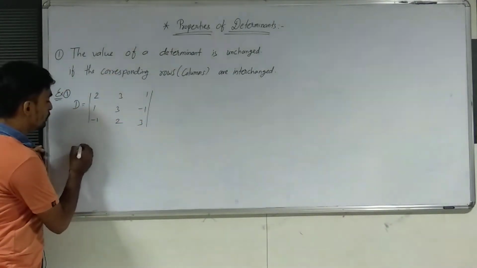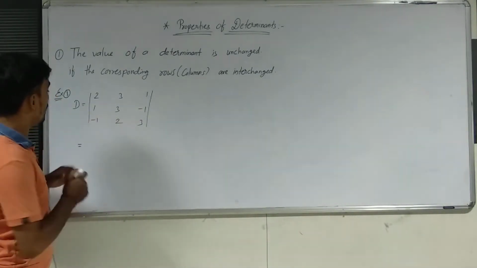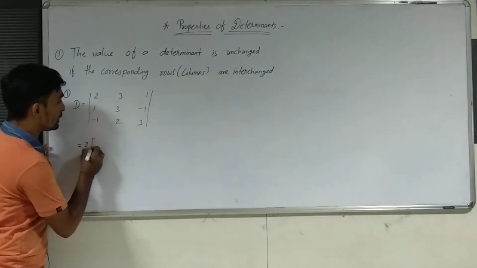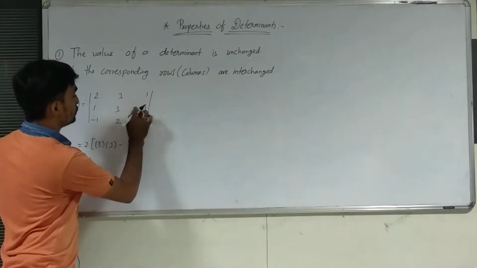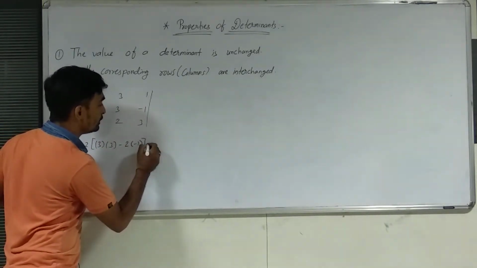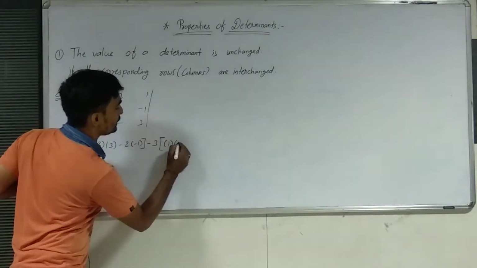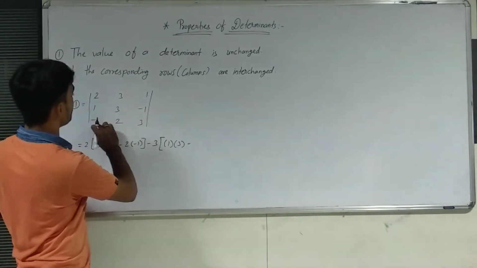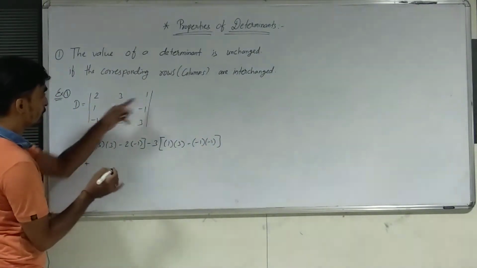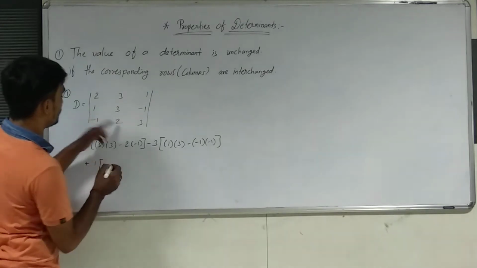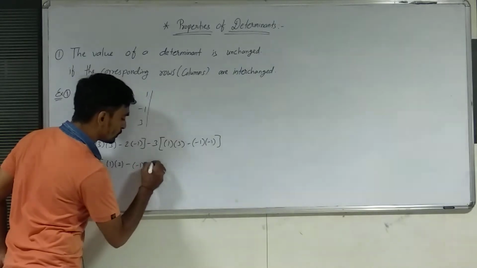This is the simple determinant we have worked with. How can we solve it? 2 into (3 into 3 minus 2 into minus 1) minus 3, again 1 into 3 minus minus 1 into minus 1, plus 1 into (1 into 2 minus minus 1 into 3).